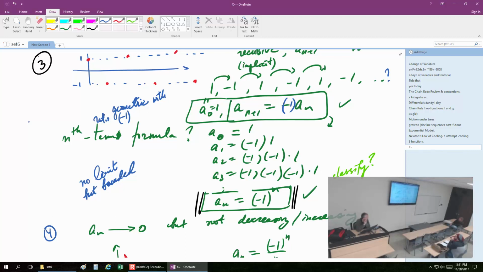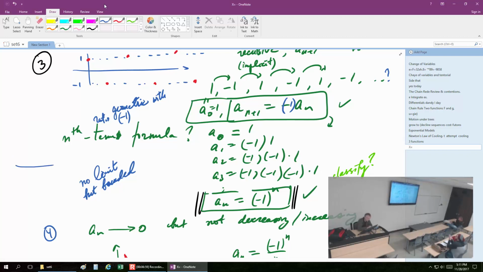Well, just take a pen and write a few elements. Often a pattern is clear. Start with any number, say 1, and multiply by -2. What are you getting? -2, and then 4, -8.